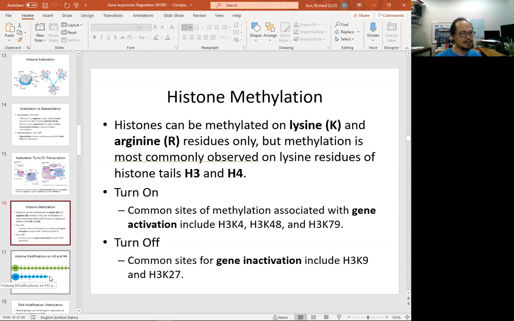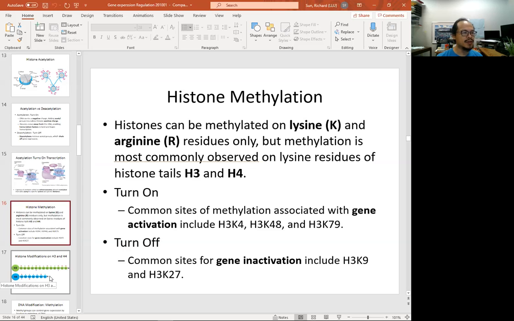Now the methylation. Methylation, what do you need to know? You need to know that it adds a methyl group, CH3, to the histone tail.